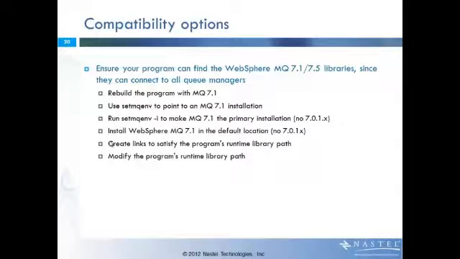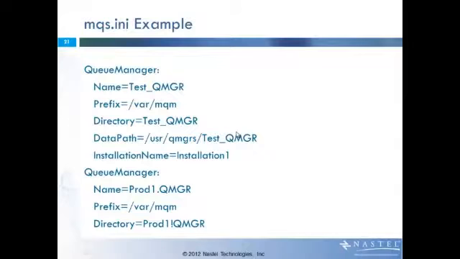You can install 7.1 into a default location. Again, that would imply you have no 7.01.x queue managers left. You can create links to satisfy the application environments that they need, or, if needed, you could actually modify the program's runtime library path. All of these are options that get the 7.1 libraries used instead of the 7.0.1 libraries because, again, as I mentioned earlier, they do limit what you can connect to.